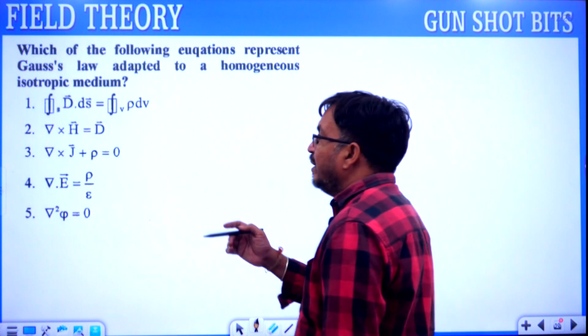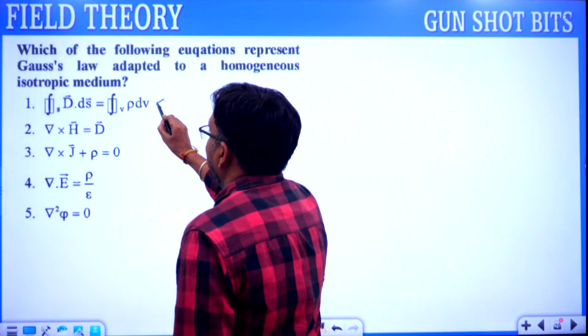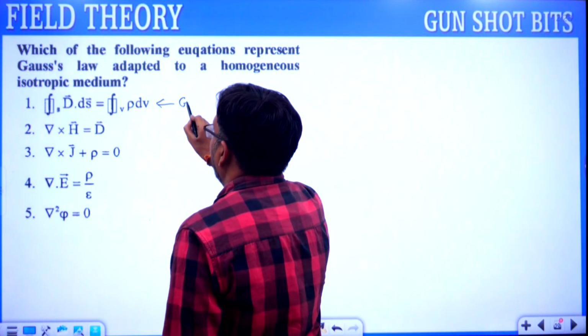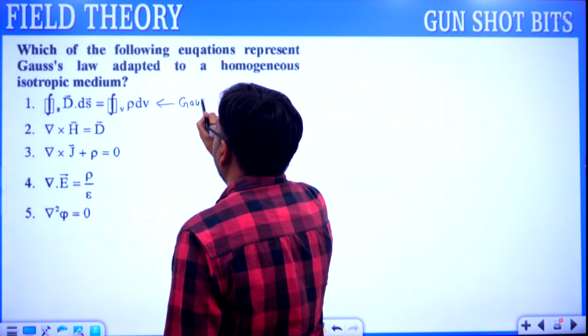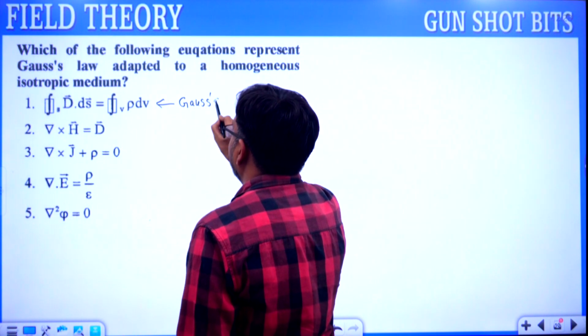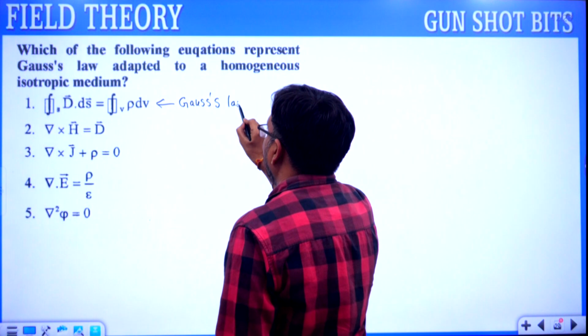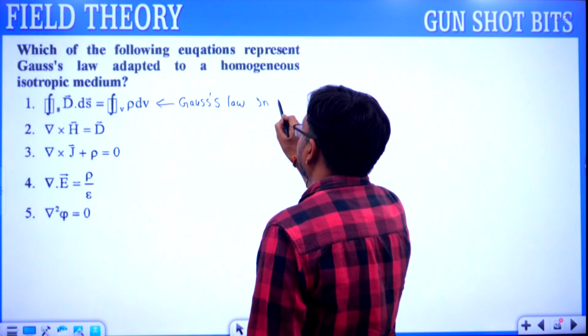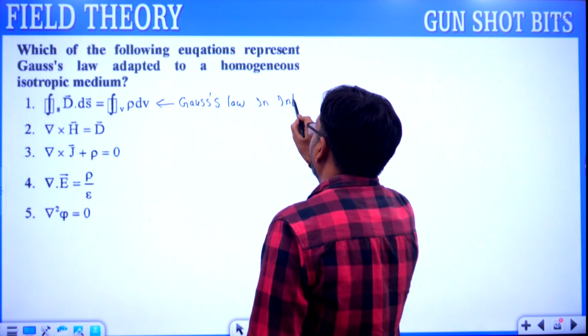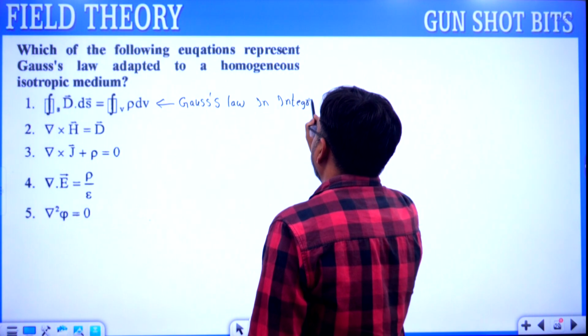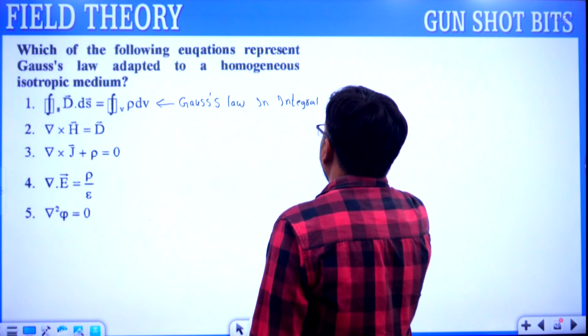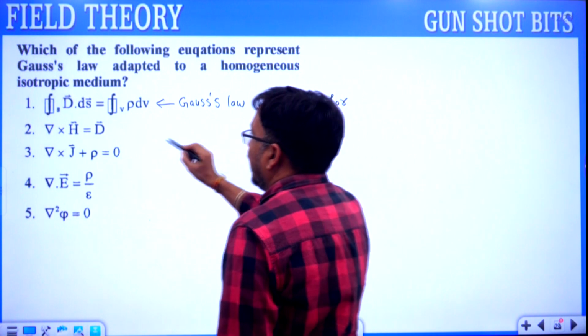All these are valid equations? What is the first equation? Gauss law in integral form. That is a valid equation. And curl H equal to D, that is not correct.